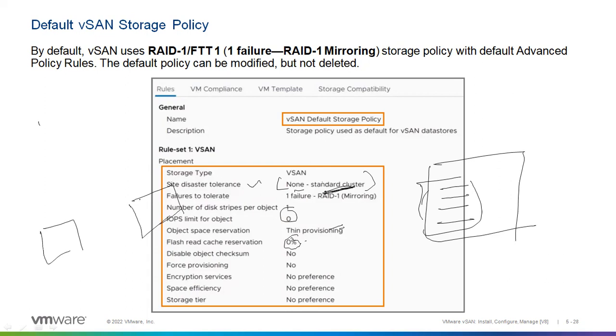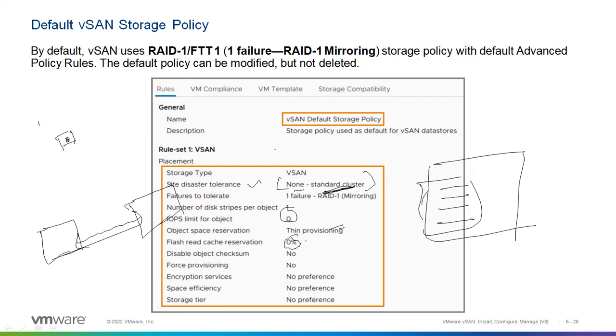The primary function of a stretch cluster is to recover the data if any of the sites fails. End of the day, it is a single cluster, stretched across physical locations. So I would like my data to be replicated on both sides. First thing.